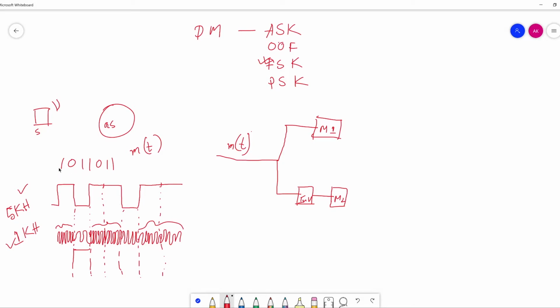So this data will come here, 1 0 1 1 0 1 1, and the carrier signal will come, which may be something like A cos 2 pi f t, where f is the frequency, so f1 for 1.